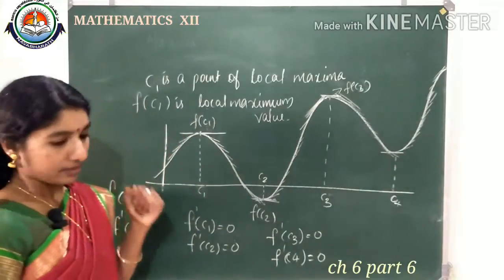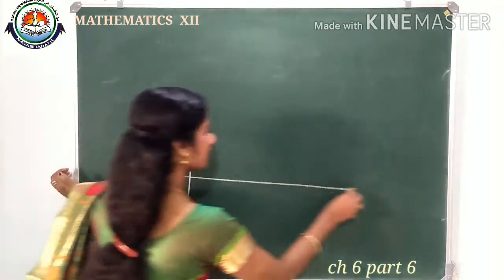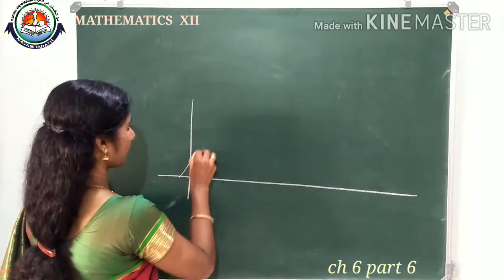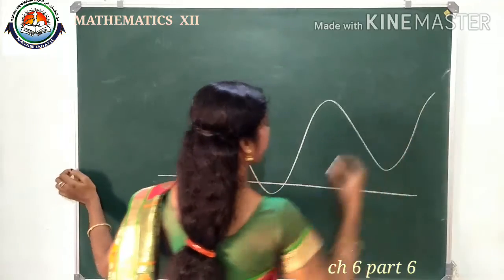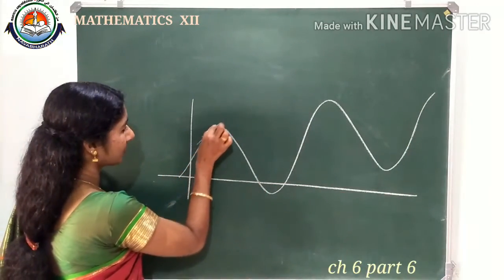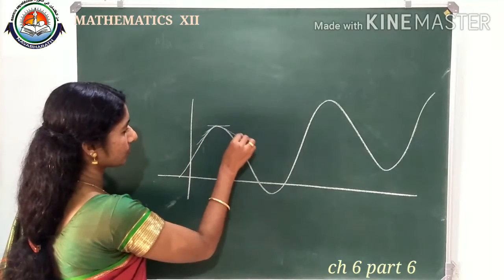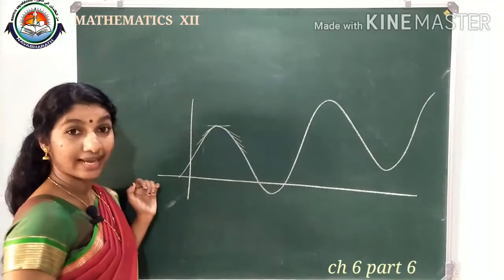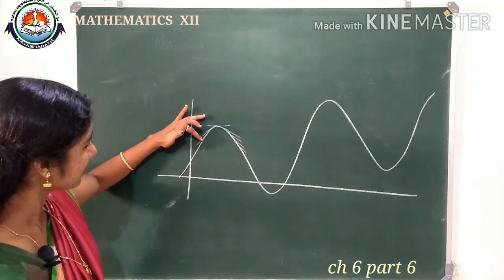So next one. We have one curve, the same curve we can explain. The curve is like this. We have drawn the tangents here. At this point we got it as equal to 0, and tangents are drawn at all these points.